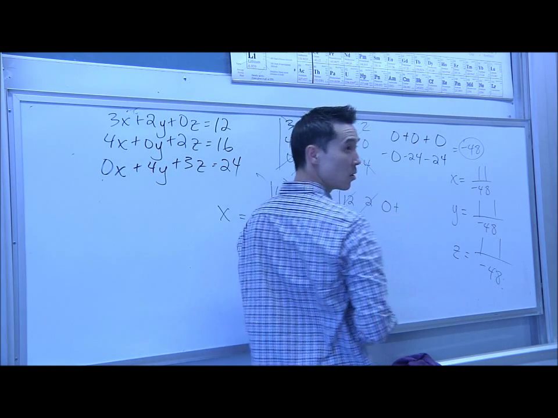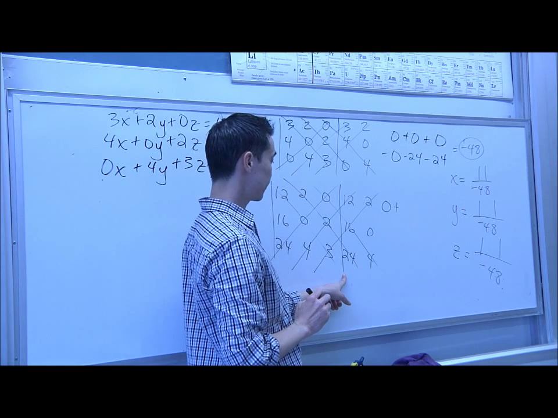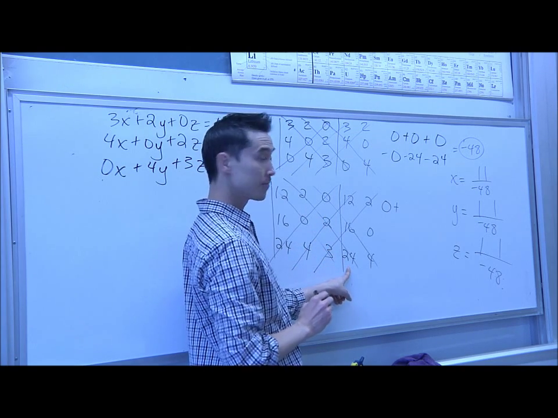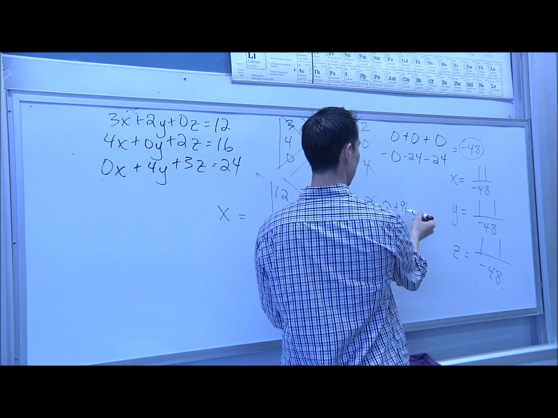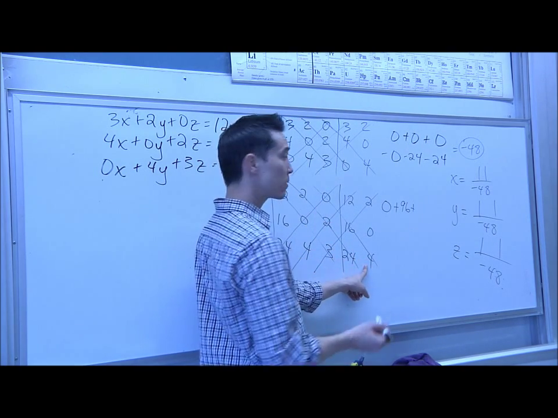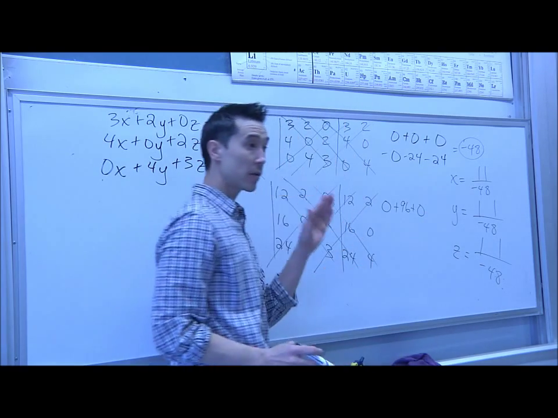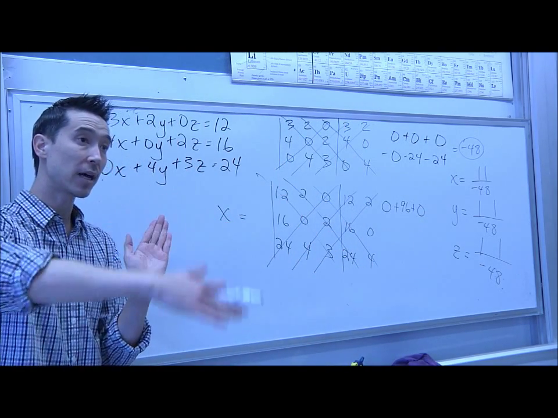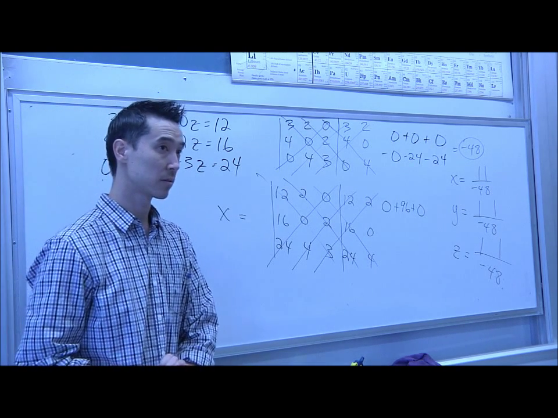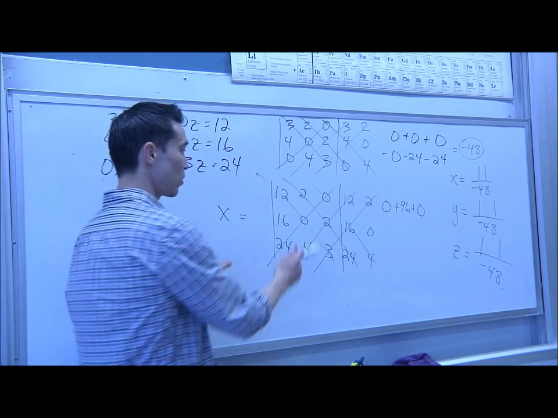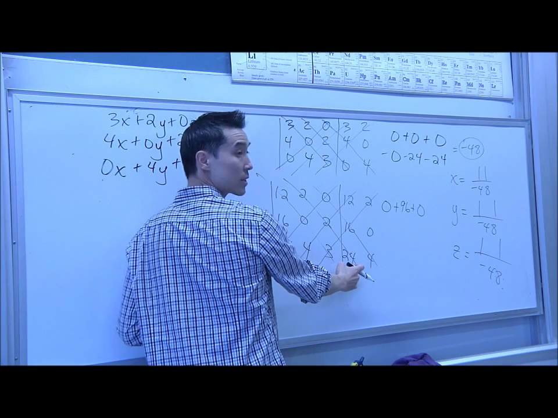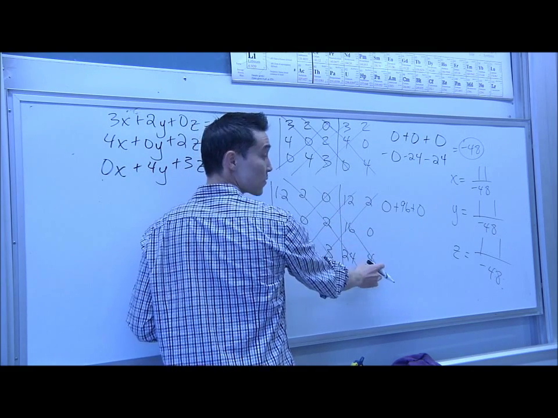So plus, what is 4 times 24? 96, plus 0 times 16 times 4 is another 0, right? So far with the 3 columns, diagonals going down, I have 0 plus 96 plus 0. So everybody have those 3 numbers. 12 times 0 times 3 is 0. 2 times 2 times 24, you guys told me is 96. And then 0 times 16 times 4 is 0.